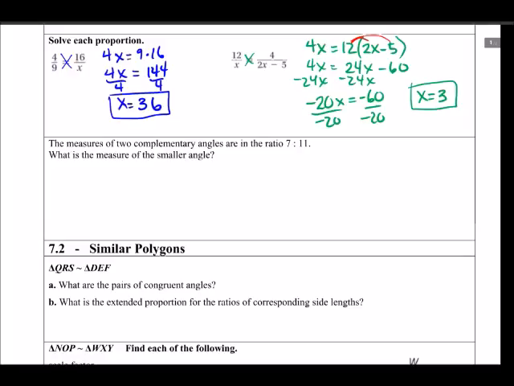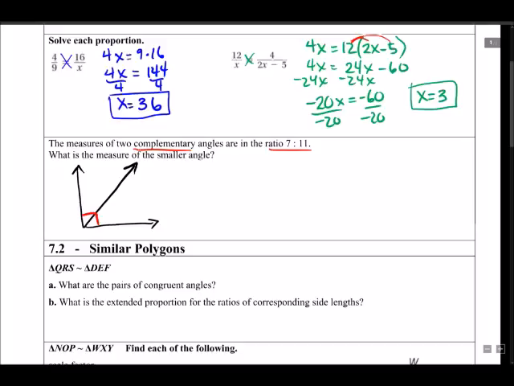Next problem says the measures of 2 complementary angles are in the ratio of 7 to 11. So what does complementary mean? And ratio. What does complementary mean? That's right. Complementary.